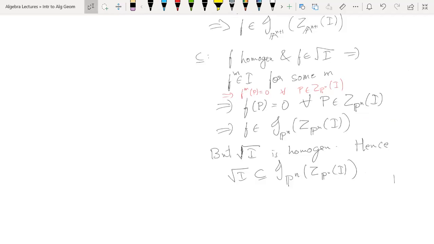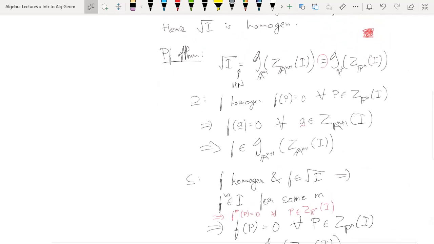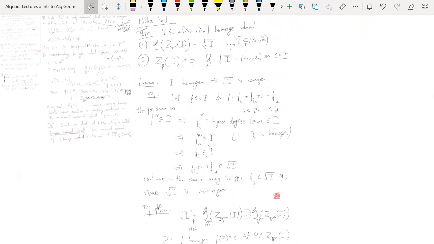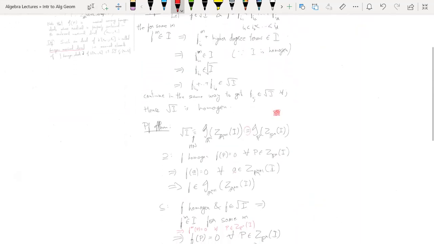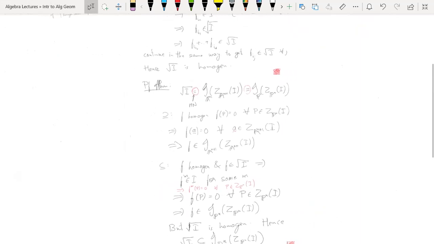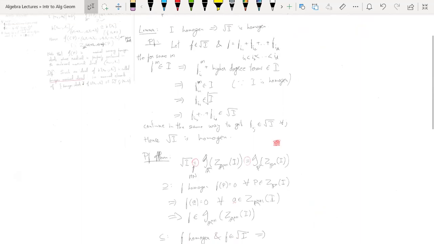So that completes the proof of the Hilbert Nullstellensatz. So the essence of the proof, the difficult part, is in the Hilbert Nullstellensatz for the affine setup. The rest is just chasing this through.